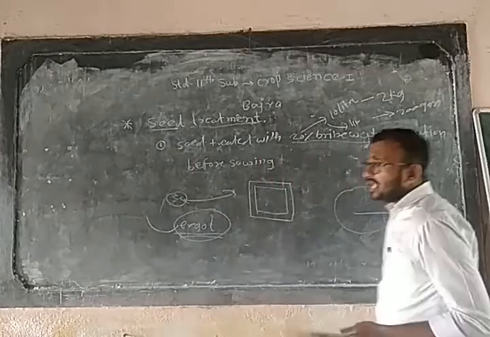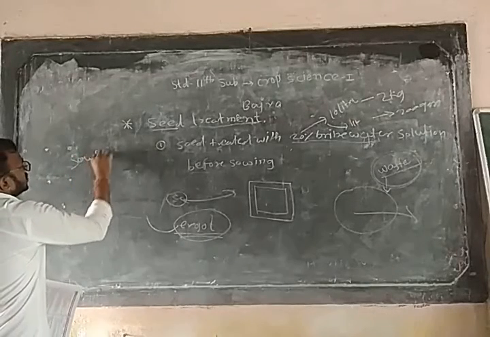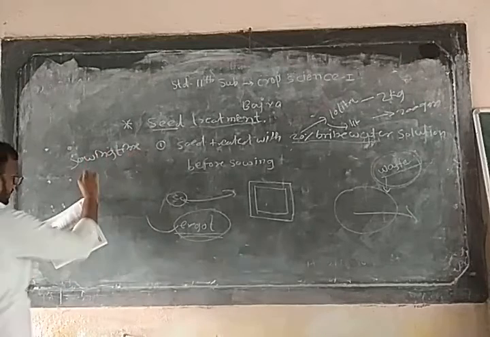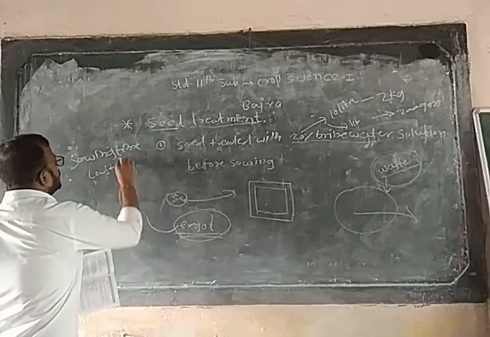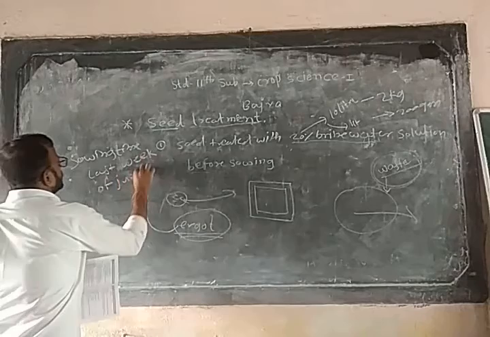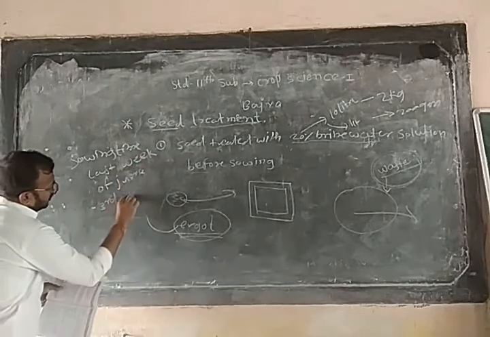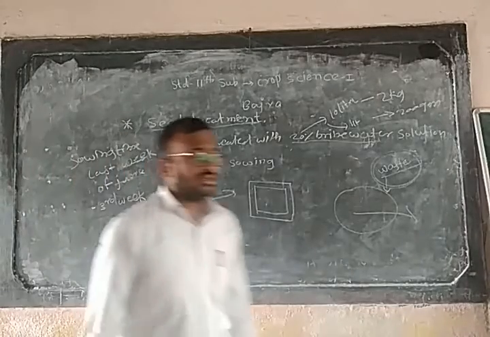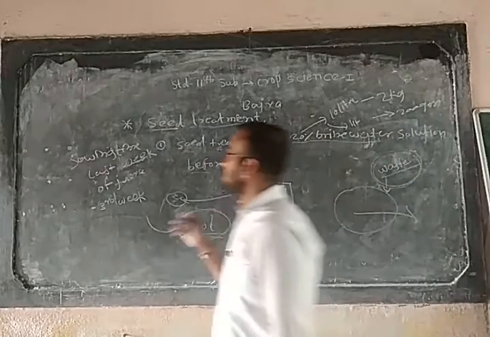Sowing time: Bajra is generally sown in the Kharif season. Always keep in mind, the sowing time is the last week of June to the third week of July, because the time is variable due to the availability of rainfall and proper environmental conditions.